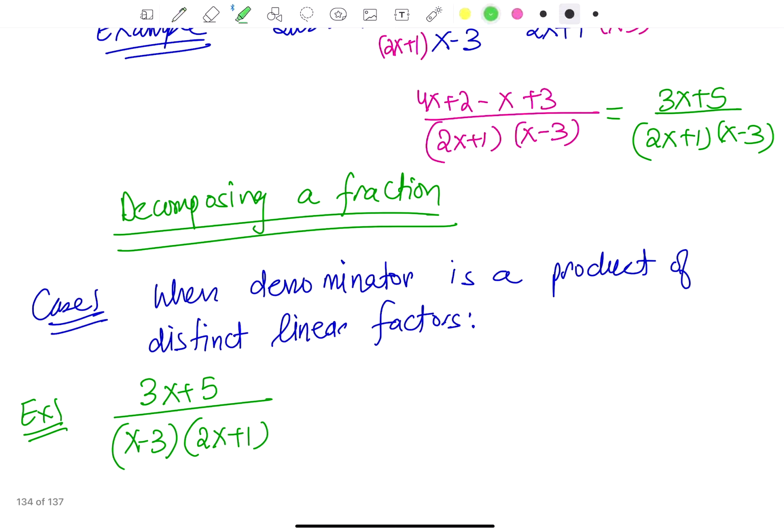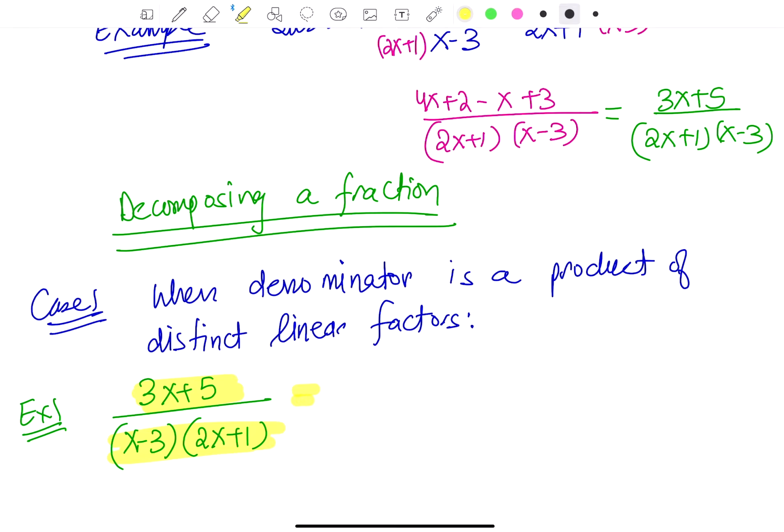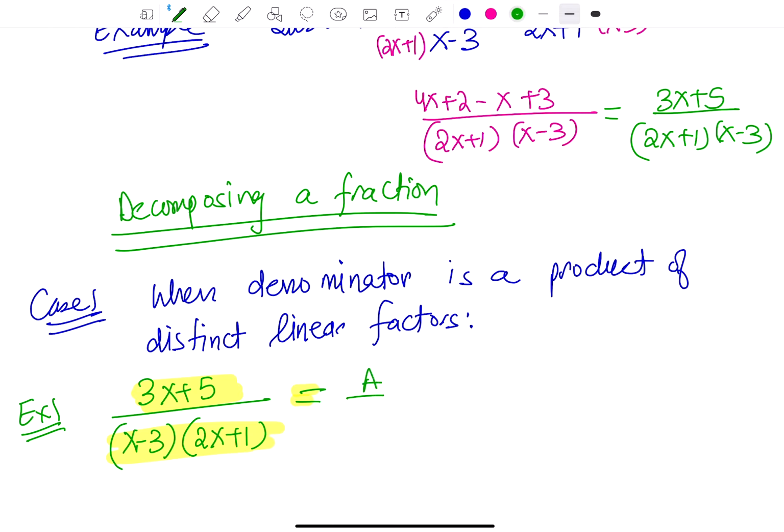The way we set it up is going to be equal to A over x minus 3 plus B over 2x plus 1. So each of the fractions gets one of the linear factors.